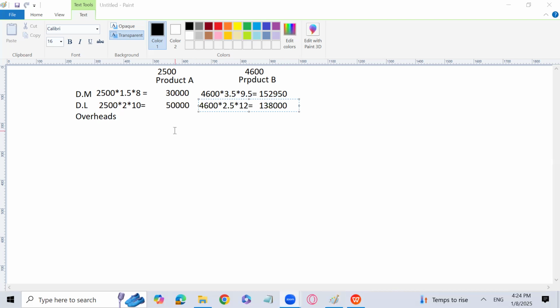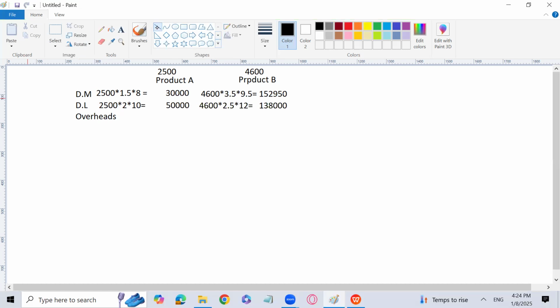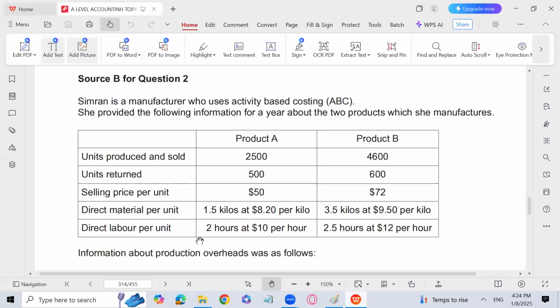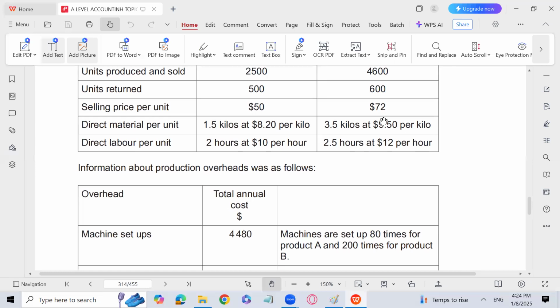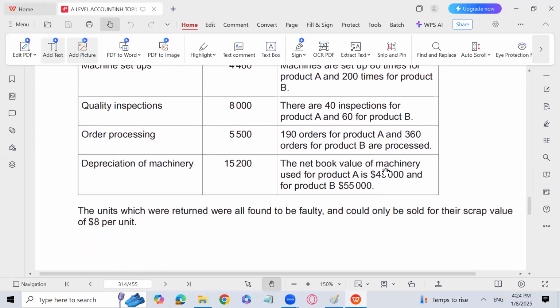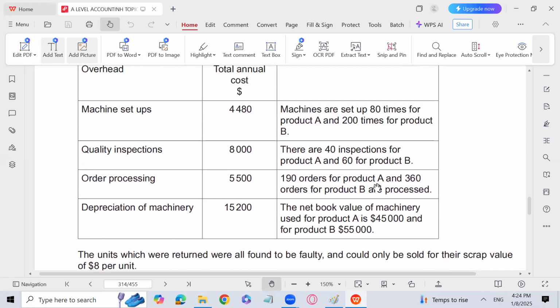Okay. Now for overheads, you have to go for all the details. You can't write it all the way through directly. You have to go for the details because the overheads are divided into different cost pools. How many cost pools are there? 4: machine setup, quality inspection, order processing, and depreciation of machinery.